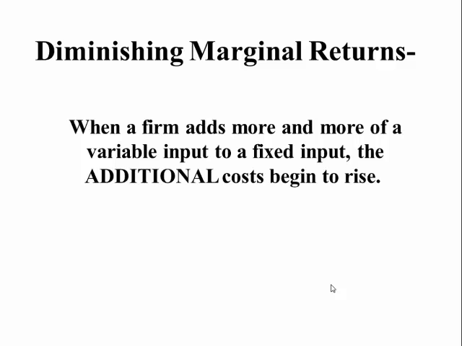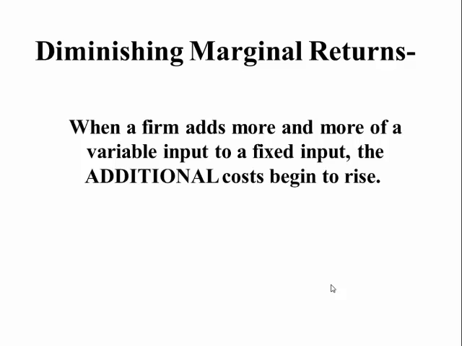As you add more and more of, let's say, a wage worker to a fixed input, a machine, the additional output begins to fall because people are waiting to get at that machine. That means each additional worker produces fewer additional items, which drives up the additional cost of producing that item.